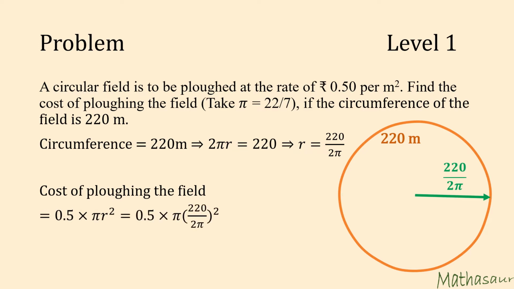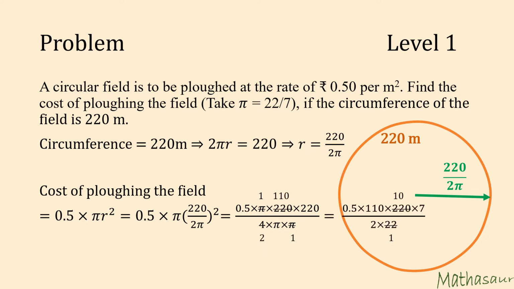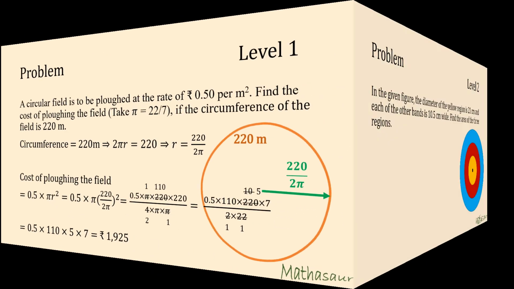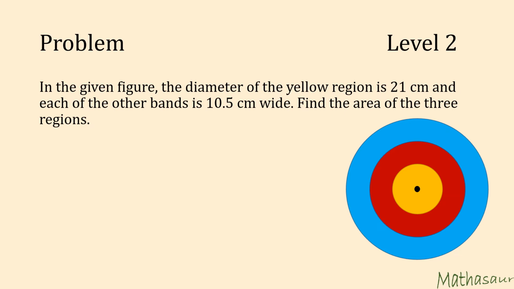Substituting this value in the formula for cost of ploughing the field, let us simplify. And we see that the cost is 1925 rupees.